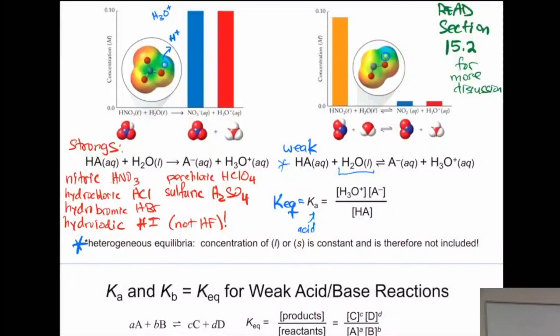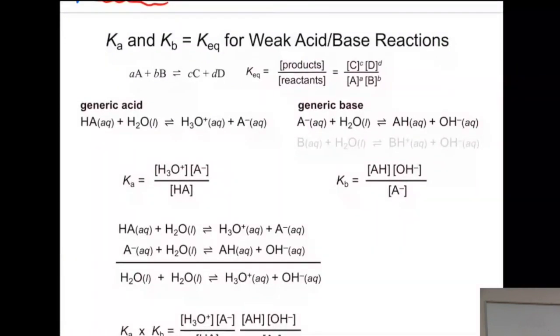So that's why I'm going to put it in here, but don't write this down in your notes, because it's not changing. You can put that in your notes if you want. So you have to remember about heterogeneous. So keep this in mind, the Ka, KEQ. If we're talking about the equilibrium expression for a base, we'll call that the Kb. So none of this then should be new for you.